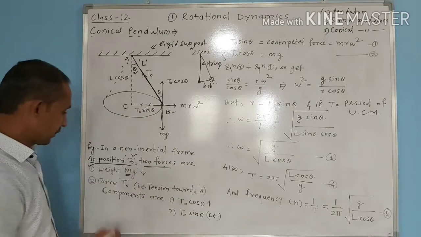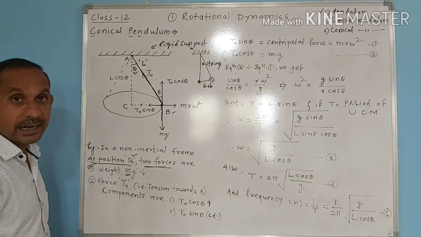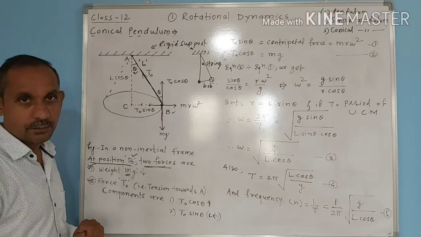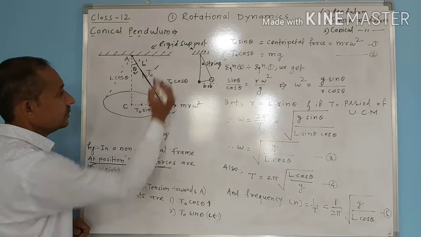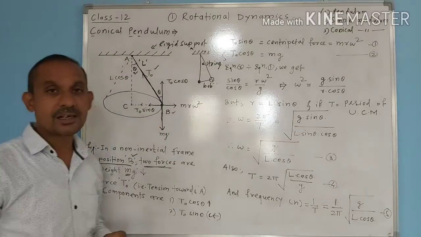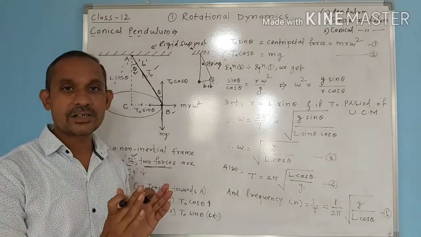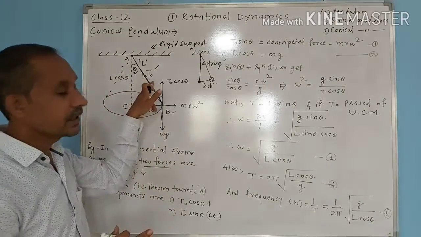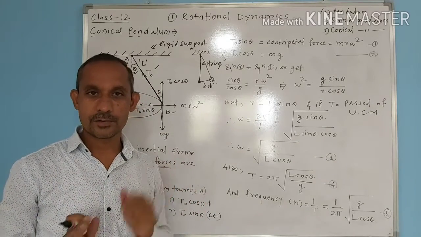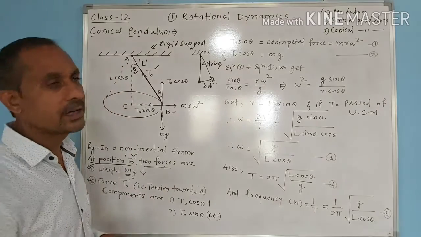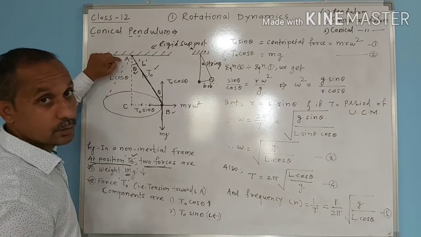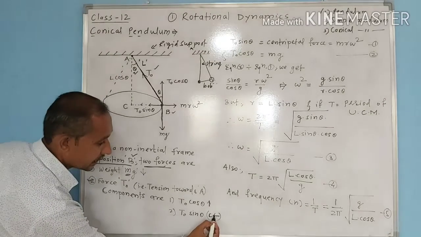The second force is T0, the tension in the string, which is always directed towards the position A.